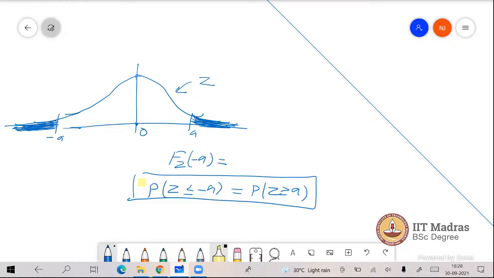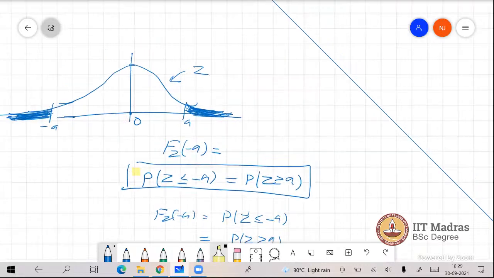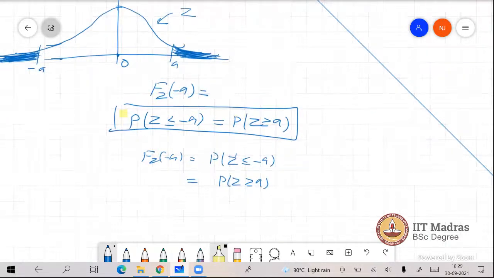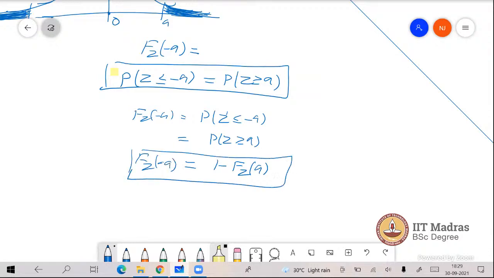So F of Z at minus A is just P of Z less than or equal to minus A, or you can convert it into P of Z greater than or equal to A. Just remember this picture, right? So this is 1 minus F of Z at A. Clear?